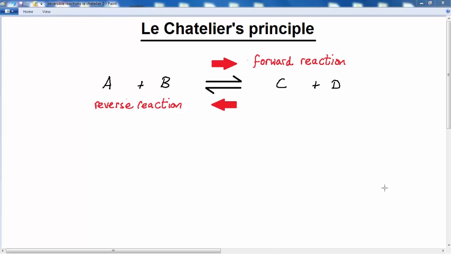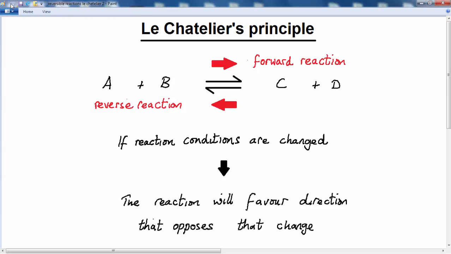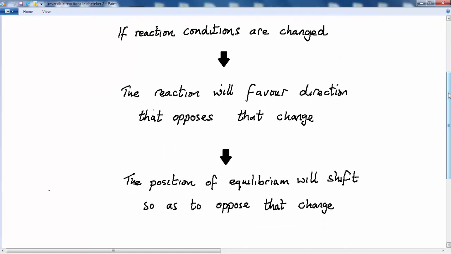If you increase the pressure, it will favour the direction that results in the lower number of gas moles. Quickly summarising that, if the reaction conditions are changed, then the reaction will favour a direction that opposes that change. And that is exactly the same as saying that the position of equilibrium will shift so as to oppose that change. So these two last statements are the same.